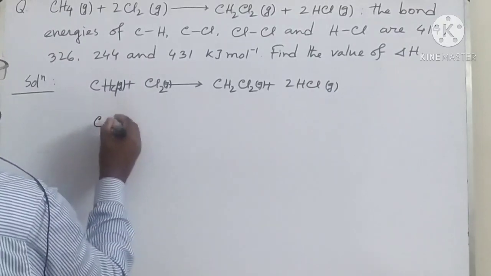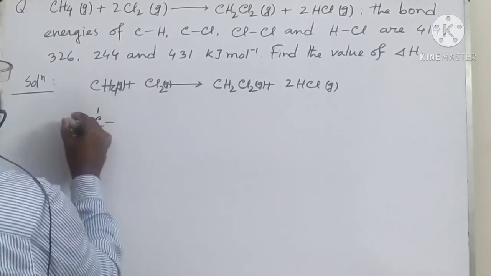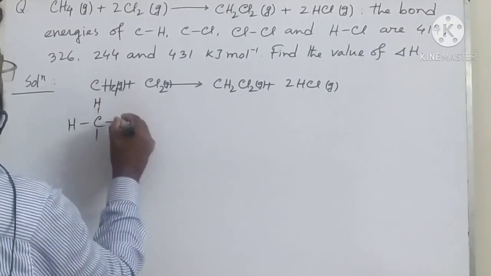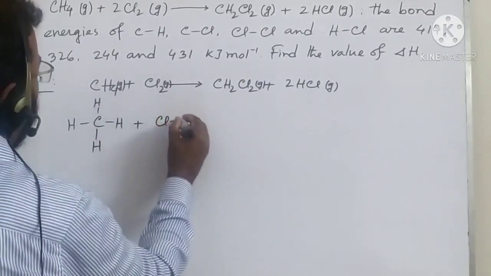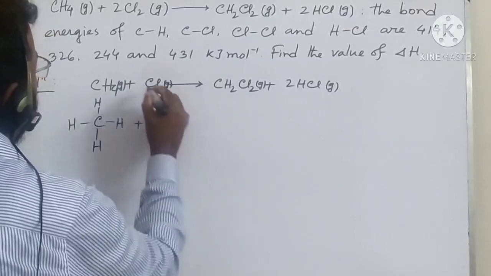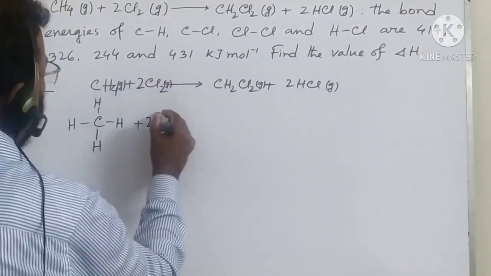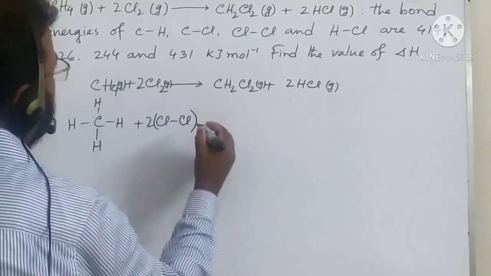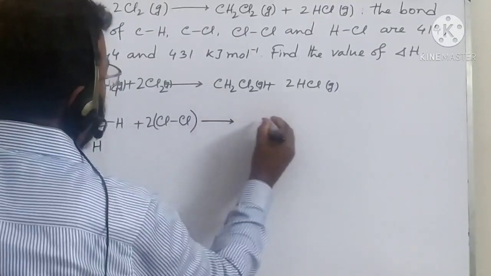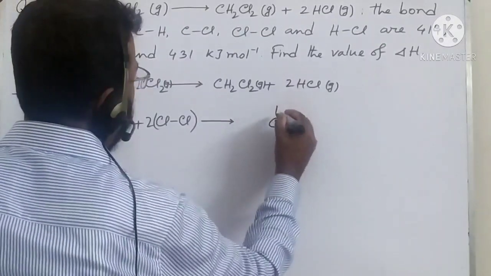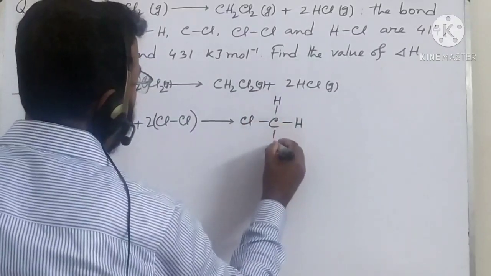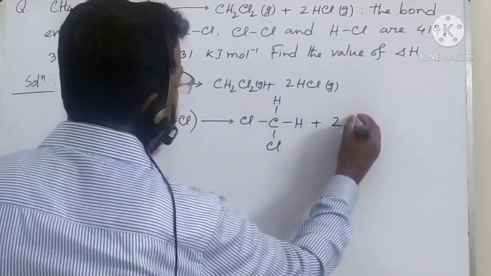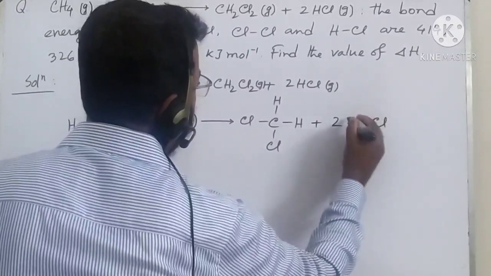Now in bond form we can write it. Carbon has 4 bonds with hydrogen. Then chlorine, here 2 chlorine. Then carbon, hydrogen, hydrogen, and chlorine 2 plus 2HCl.